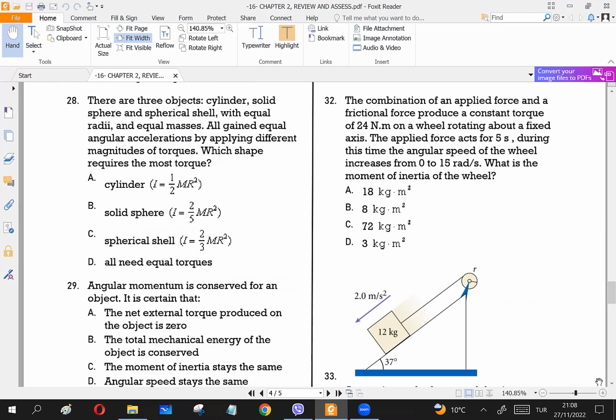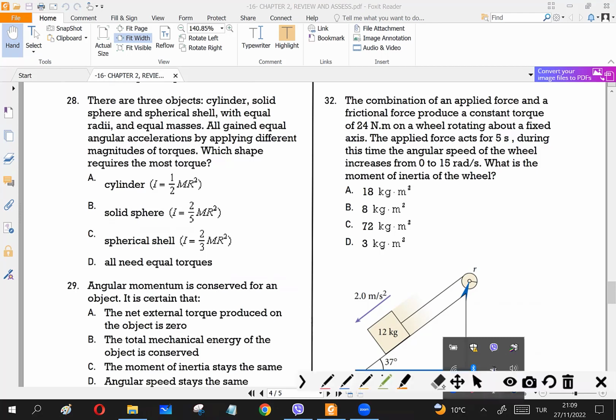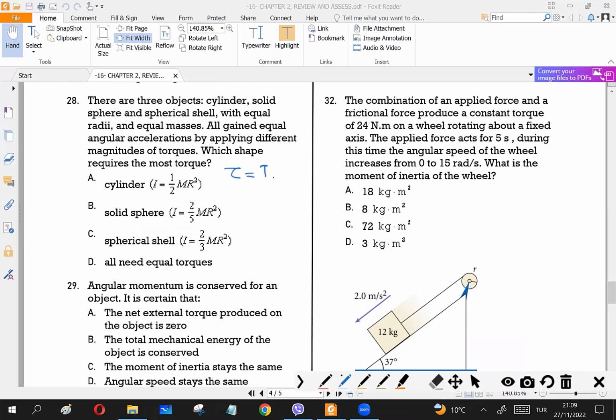So torque depends on the moment of inertia multiplied by alpha. When we multiply the moment of inertia and angular acceleration, we calculate the torque. But the question says that all gain equal angular accelerations. So the alphas are equal for all shapes.